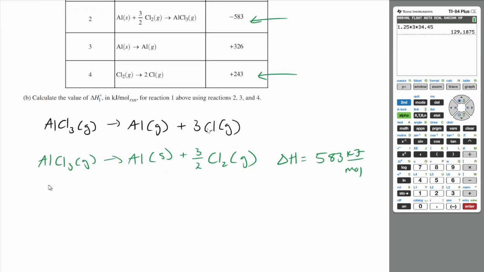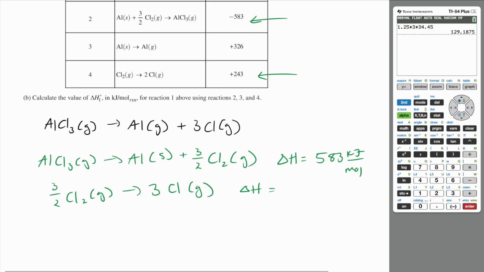So we can have 3/2 chlorine gas, the molecule version, to form 3 chlorine gas atoms. And the delta H of this is going to be 3/2 times the value that you're given. So 3 divided by 2, and that times 243 is 365 kilojoules per mole.